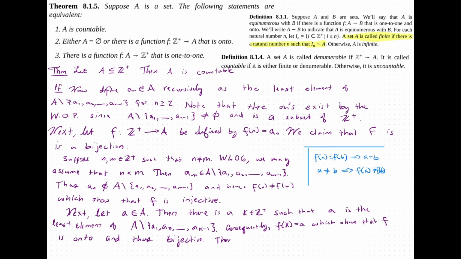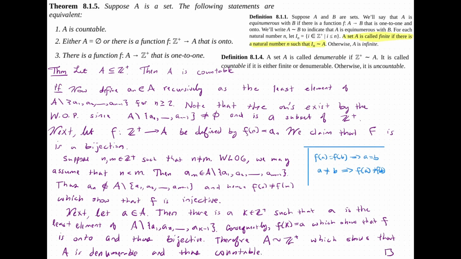So therefore, since f is bijective, we get that A is equinumerous to the positive integers, which shows that A is numerable, and thus countable. And that finishes it off for the proof.